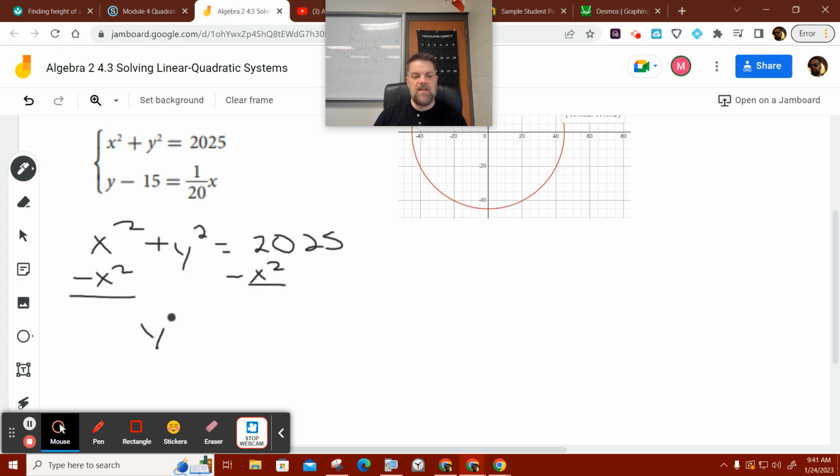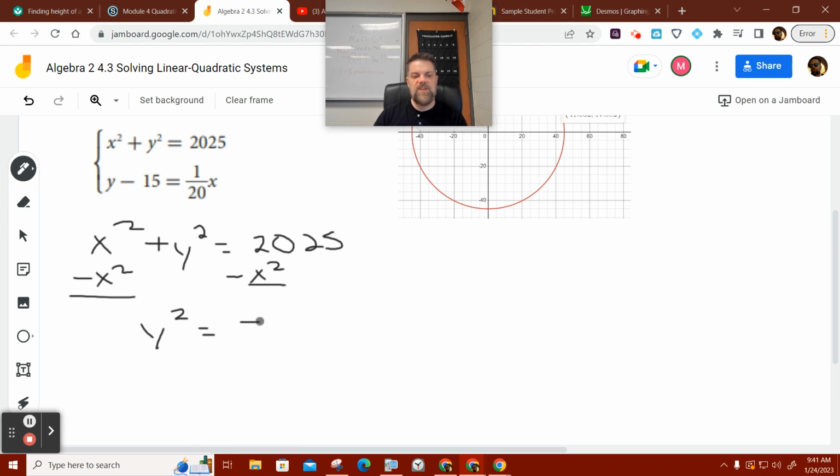And I get y squared is equal to negative x squared plus, well, I'll write this a different way. It doesn't matter how you write it. I could say 2025 minus x squared.